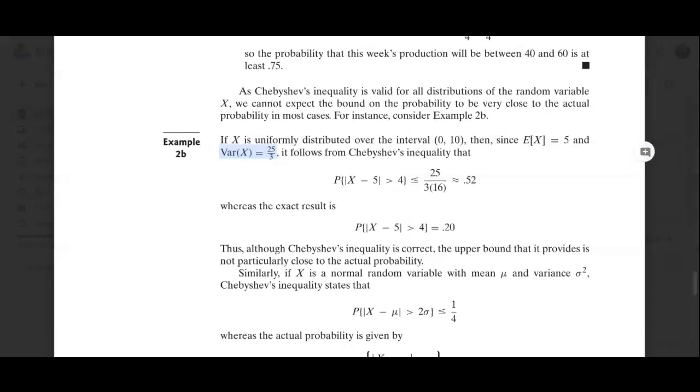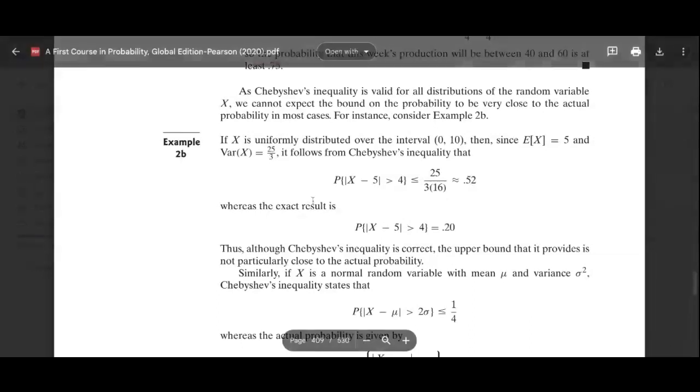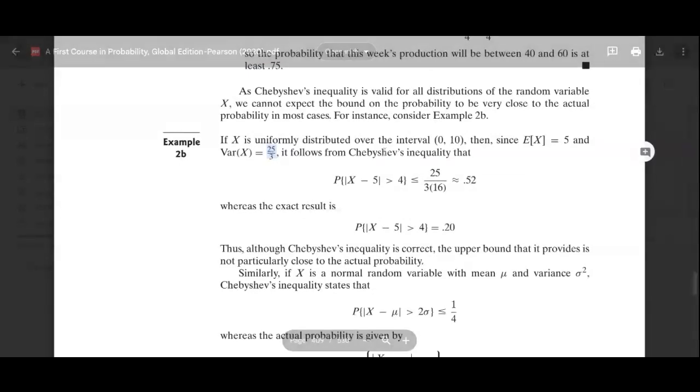It follows from Chebyshev's inequality that the probability of |X minus 5| greater than 4 is less than or equal to 25 divided by 3 times 16. 25 over 3 is the variance, right?